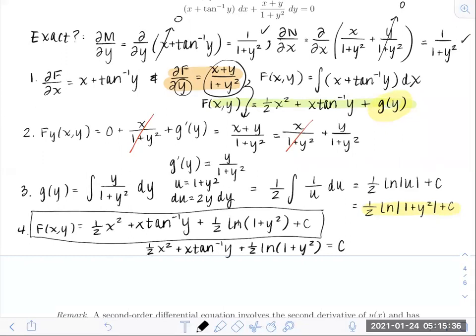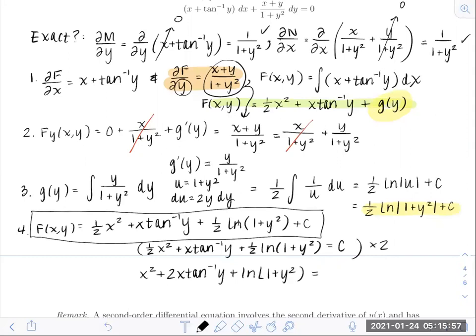And furthermore, they're likely going to get rid of that 1/2 fraction out front. So if you were to take this entire differential equation and multiply by 2, they would write their answer as x squared plus 2x tangent inverse of y plus the natural log of 1 plus y squared.